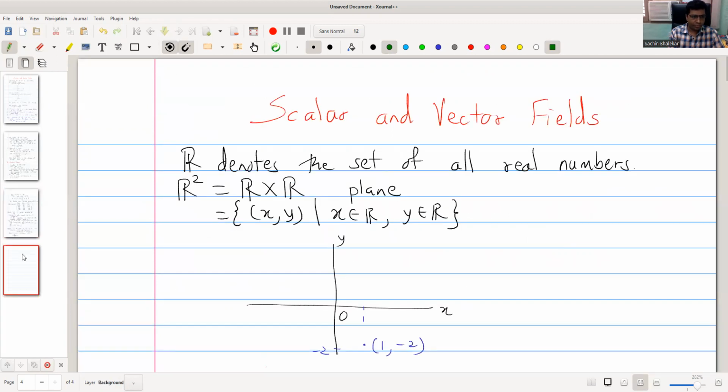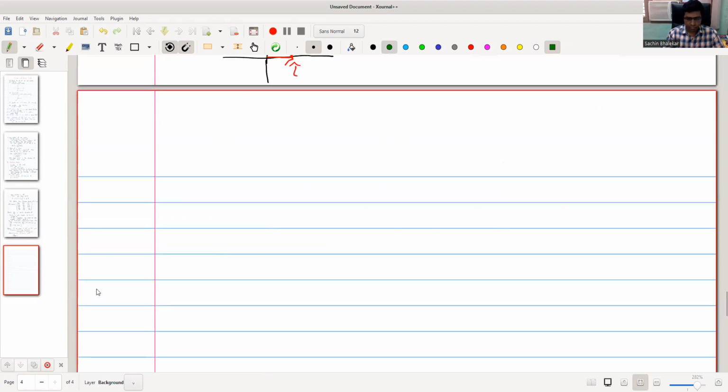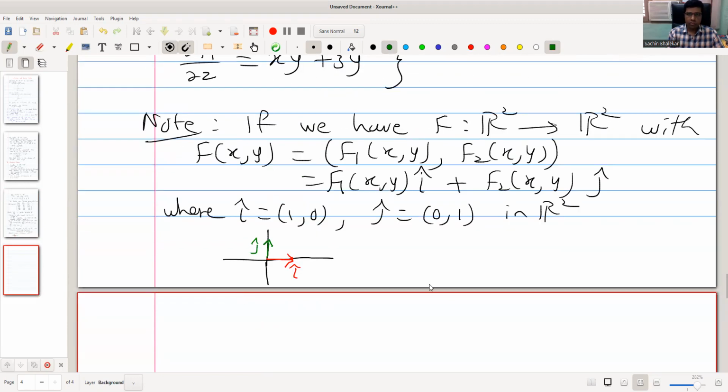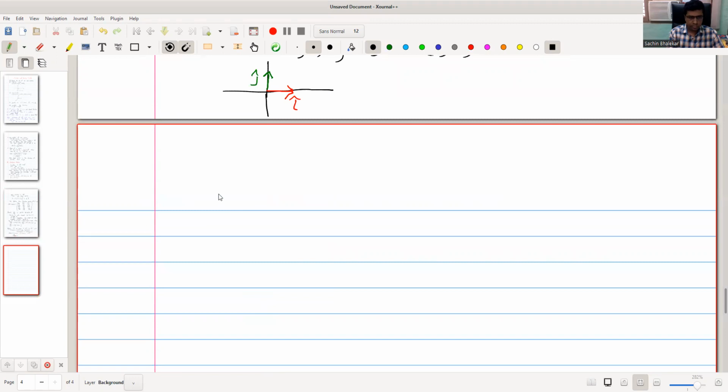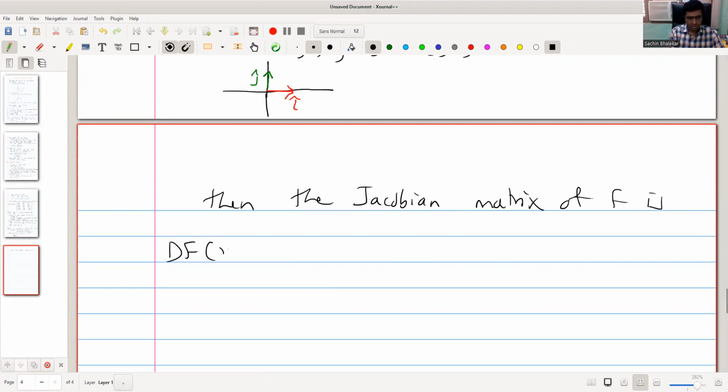Then the Jacobian matrix of f is DF of xy, which is a 2 by 2 matrix.